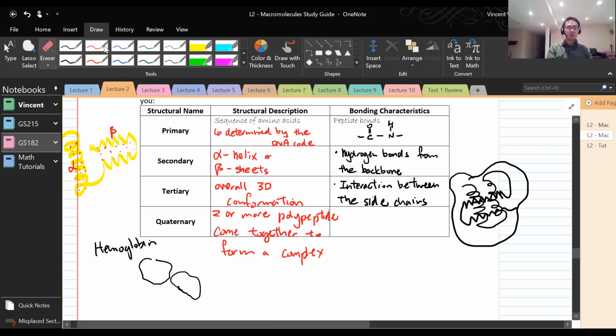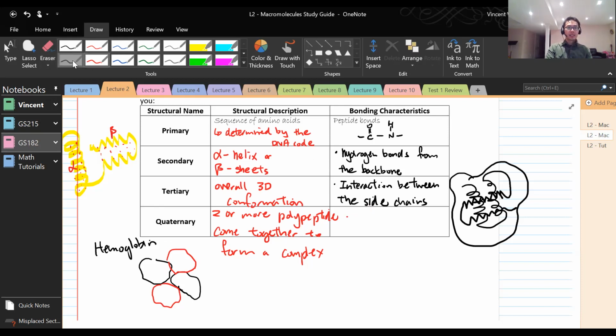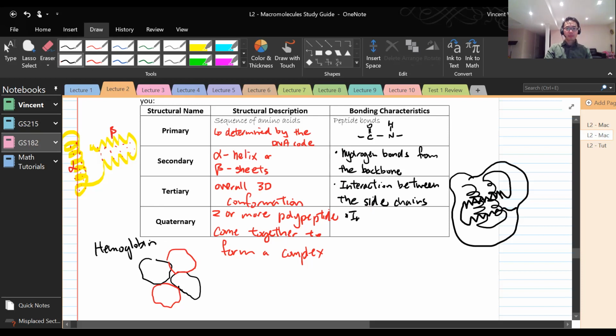They would have two black subunits and two red subunits, for example, and they will come together to form a complex. And what holds them together are the interactions, more than one type of interaction, between the polypeptides.